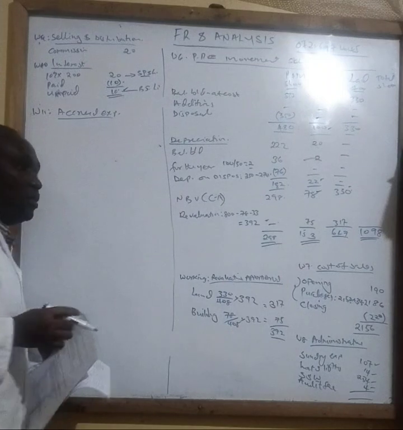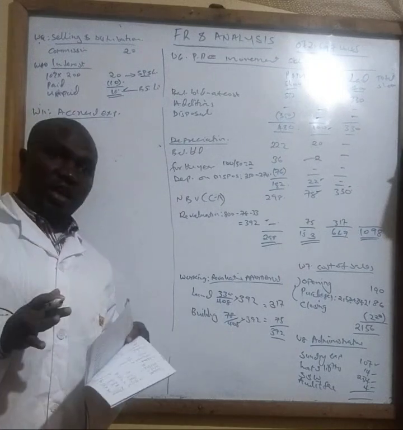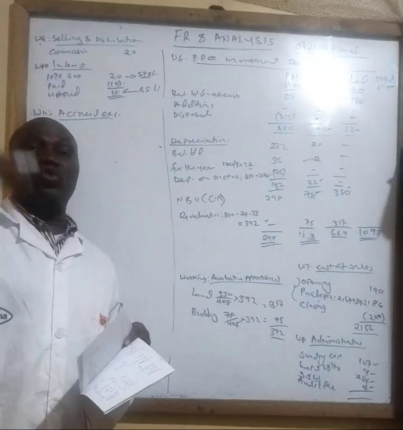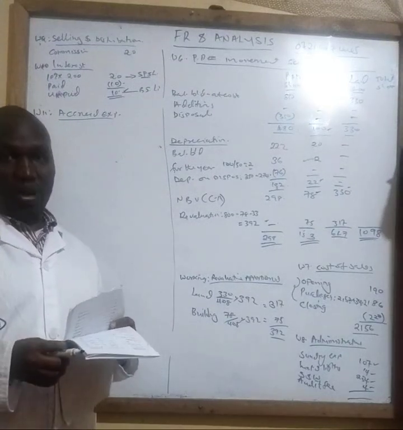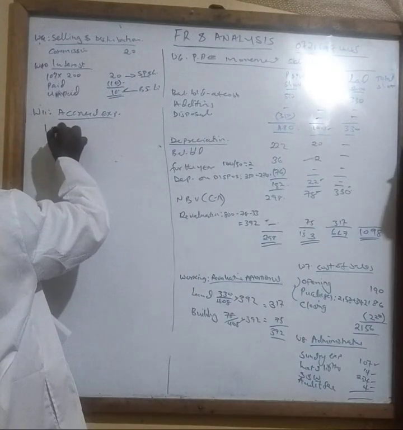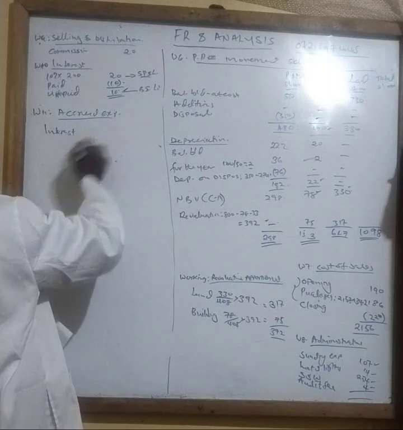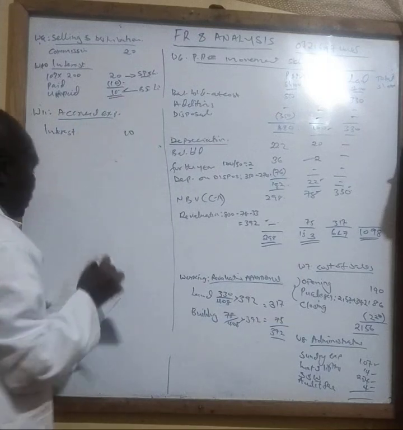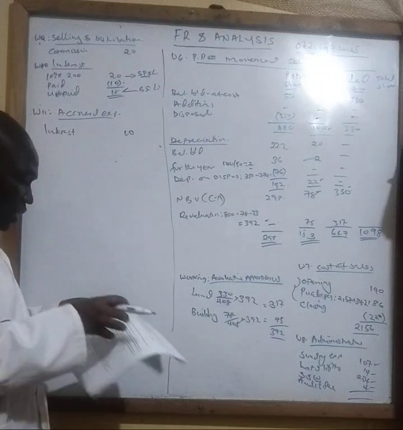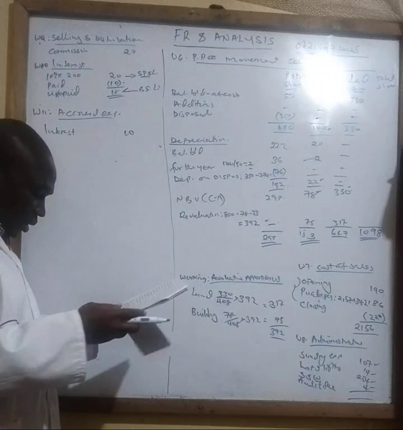These are expenses that were incurred in the year 20X7, but they were not paid, but they are now carried forward to 20X8 because of non-payment. In this case, we have interest on loan, this 10.